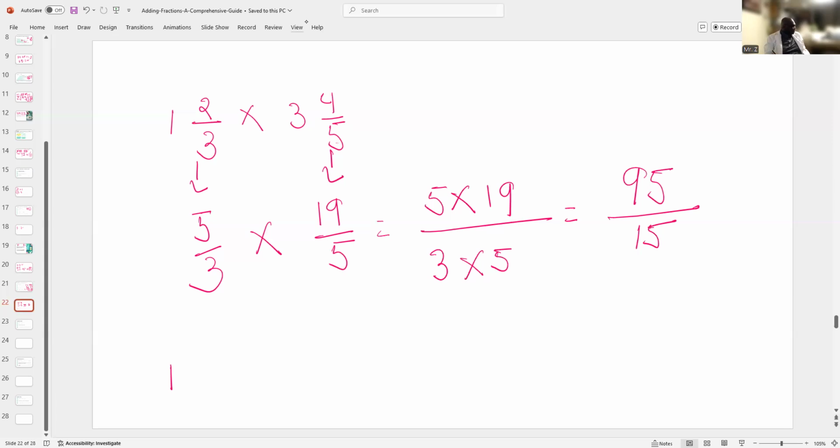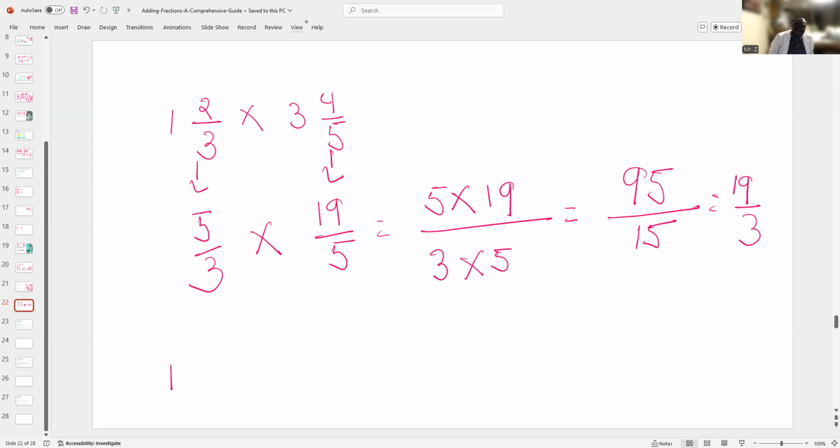So now, ask yourself a question: can you divide that number, 95? See if you can divide the 95 by 5. Once I do that, I have 19 on the top. And when I divide 15 by 5, I got 3.